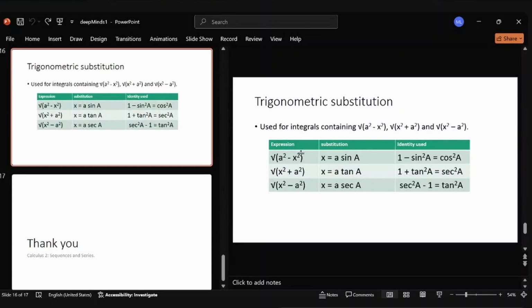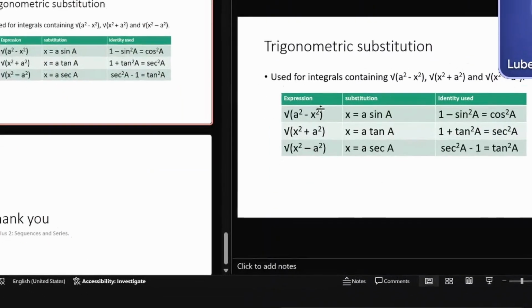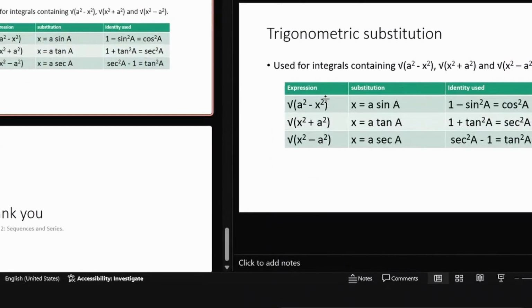Normally, these expressions are found in denominators. That's why we normally substitute them, though there are some cases where we have to substitute in single expressions that are not rational. Then there is the tan substitution, the sine substitution, and the sec substitution.